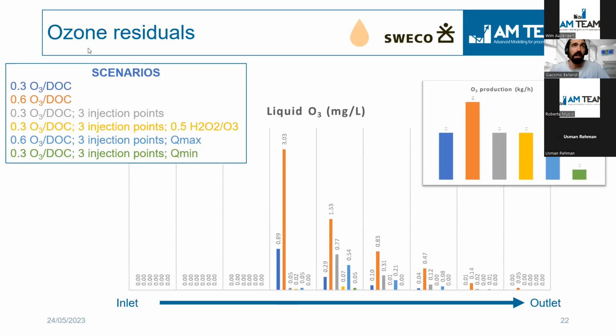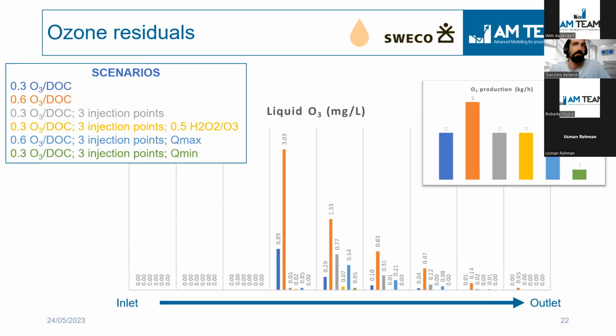When we explore the same dose at the maximum flow, but across 3 injection points, the local ozone concentration is distributed across the whole installation, and then you locally reduce the amount of ozone in the liquid.